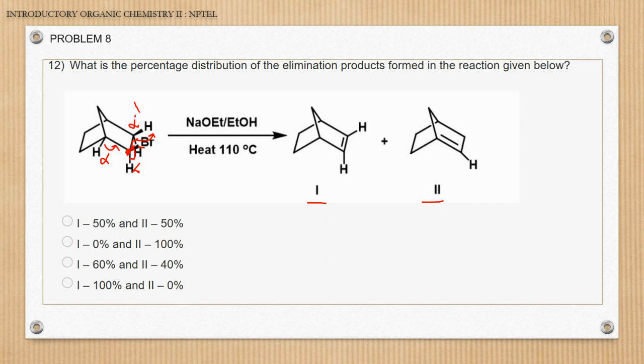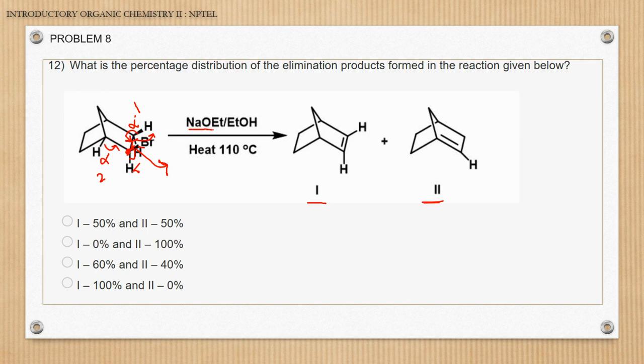So this is how it is going here and Br will leave out. The second possibility is this. So hydrogen is going here and Br will leave out to give you this second product. So this product 1 and 2 is possible by the elimination of this proton by sodium ethoxide.